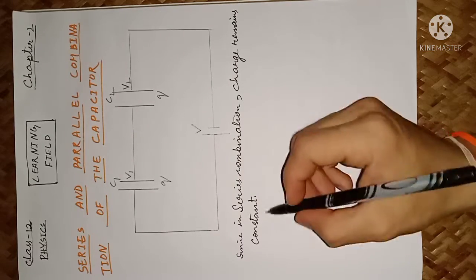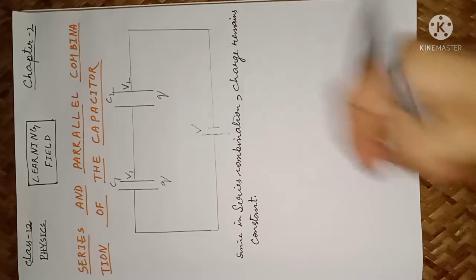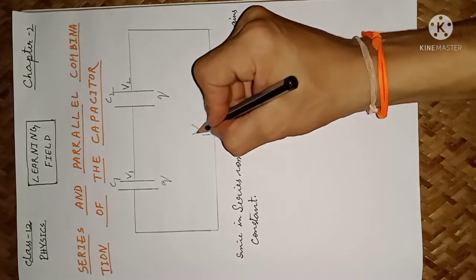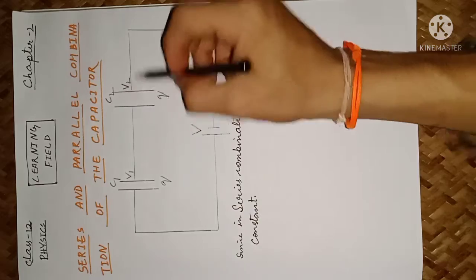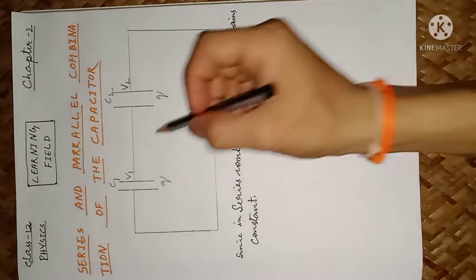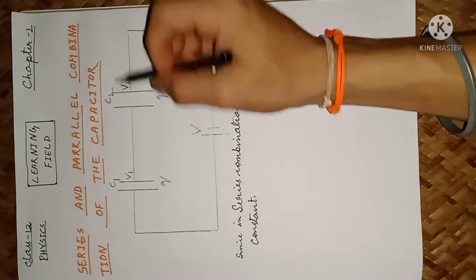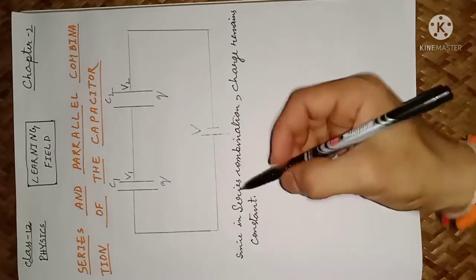Since we know that this is the potential difference V, isn't it? We know that total potential difference is equal to V1 plus V2. If you want to find the total, we need to add the two, isn't it? So we need to find the total potential.